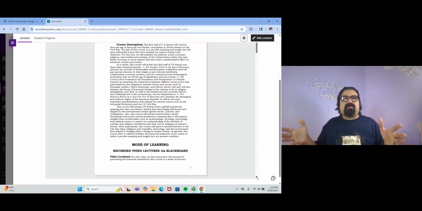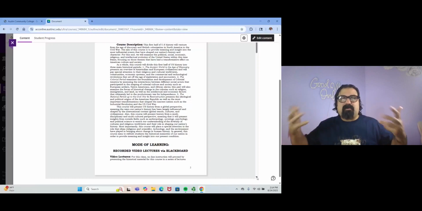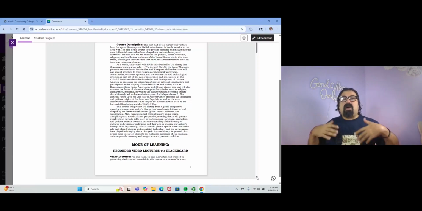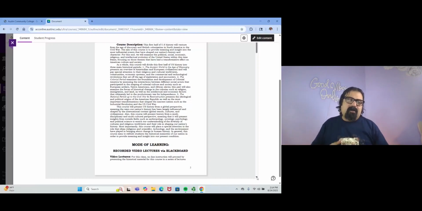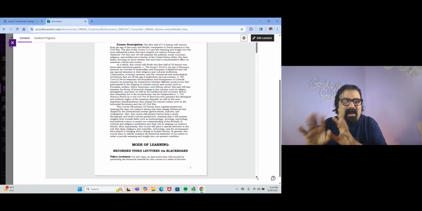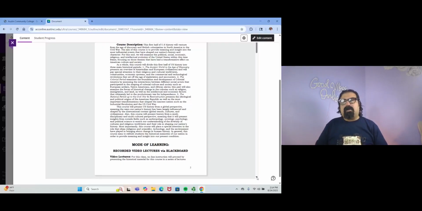One of those critical themes is the development of the transatlantic slave trade. Okay. The introduction of African slavery, particularly in the southern colonies, Virginia, the Carolinas, and Georgia.